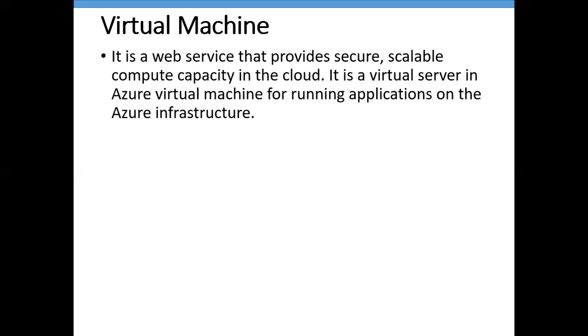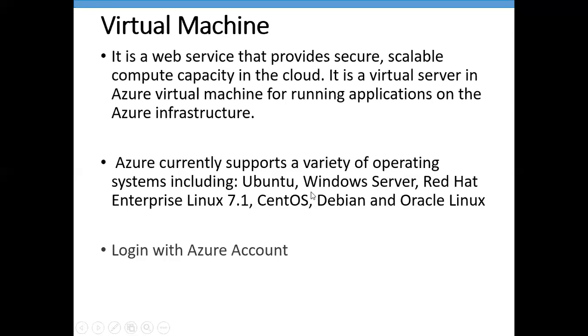Same way, under that virtual machine also I can do anything. If I want to build an application, I can build it on my computer, and the same way I can build it on virtual servers. So virtual machine is like a computer to us, where we can do anything we want.